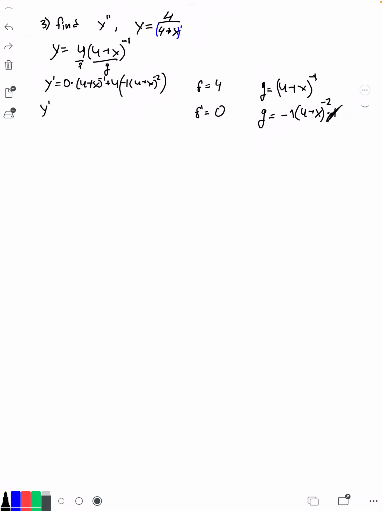So y prime would be, that disappears, minus 4 multiplied by 4 plus x to the power of minus 2. And that's going to be the first derivative. Now we need to find the second derivative.